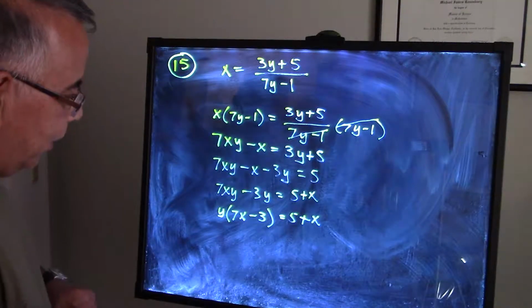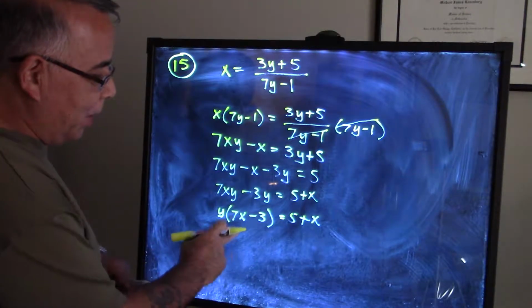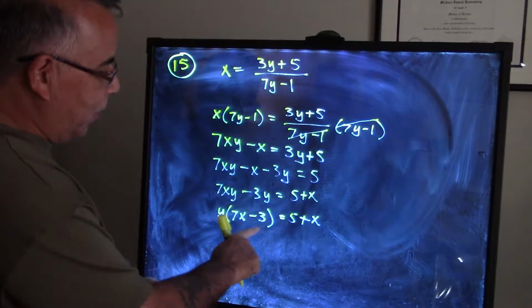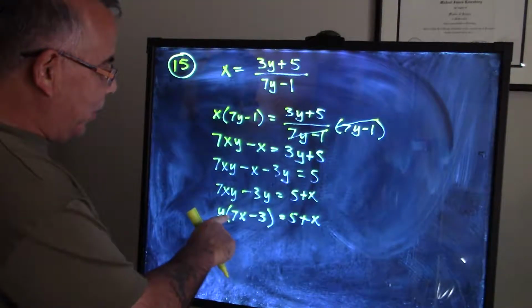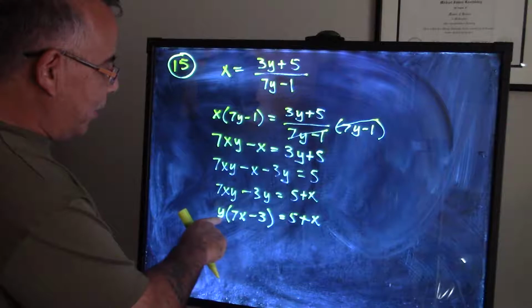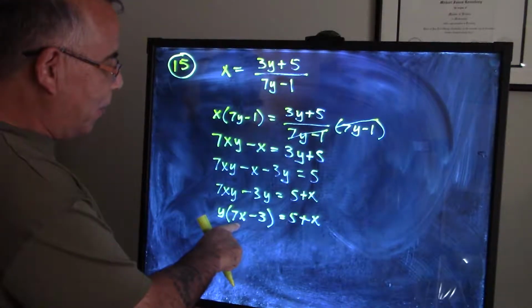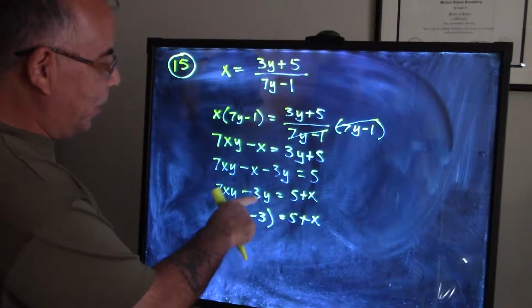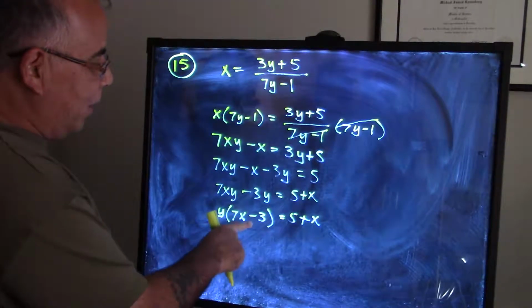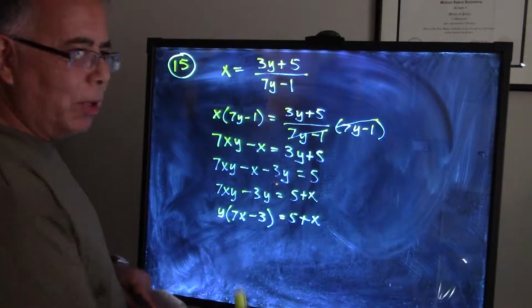Don't forget to put the parentheses around the full expression here, around these two terms, otherwise it's incorrect. Why? Because if you didn't have the parentheses, you'd be multiplying the y times the 7x, but not the y times the minus 3, and you wouldn't get this back. So this line should be equivalent to the previous line.